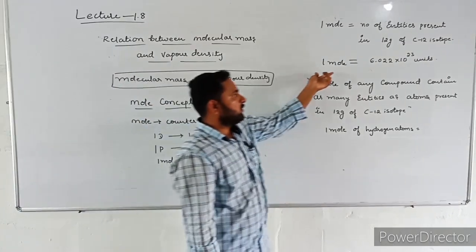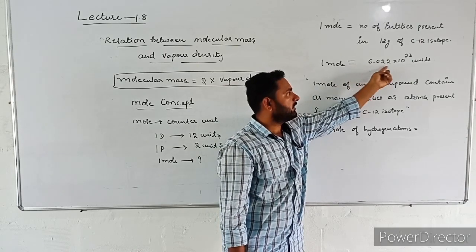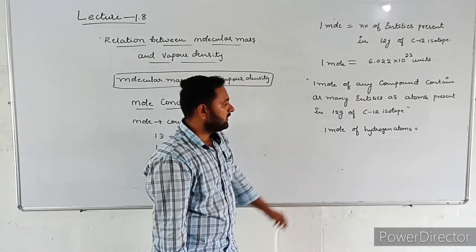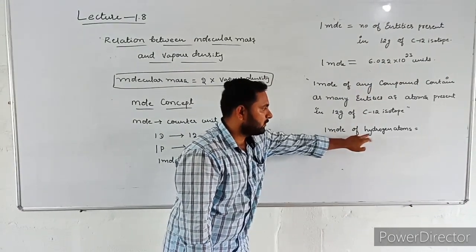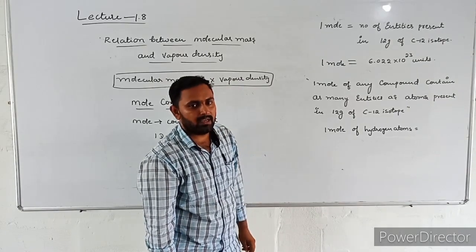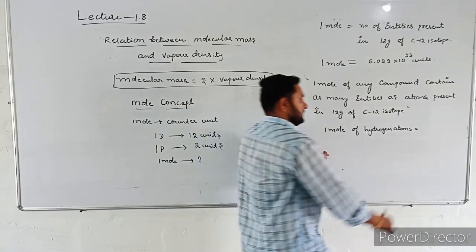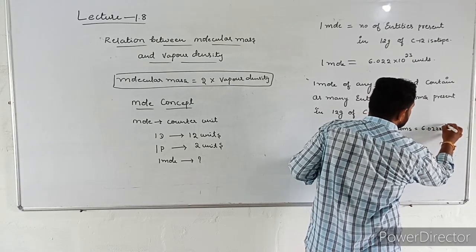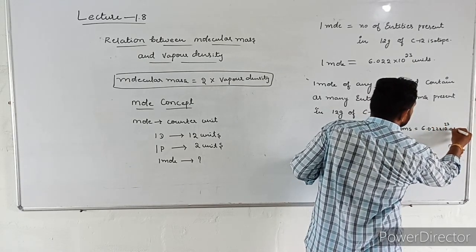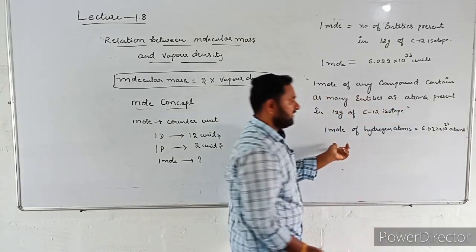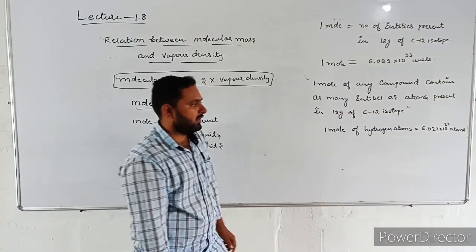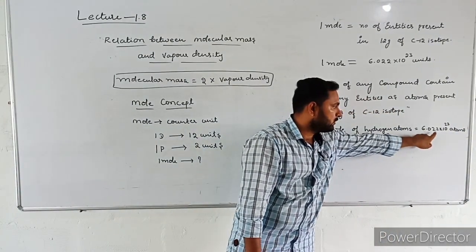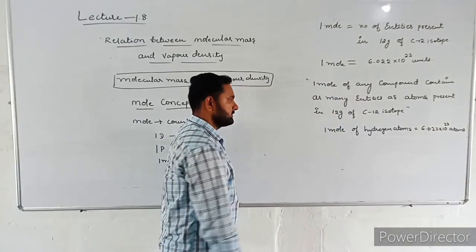Similarly, 1 mole is equal to 6.022 into 10 power 23 units. Then 1 mole of hydrogen atoms is equal to 6.022 into 10 power 23 atoms.